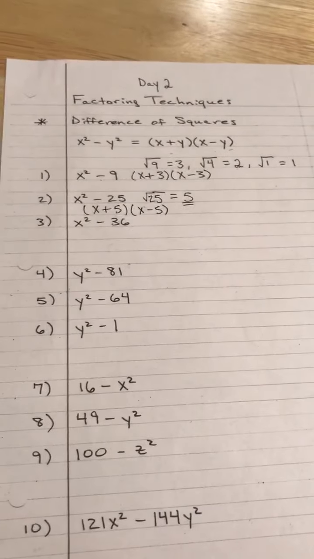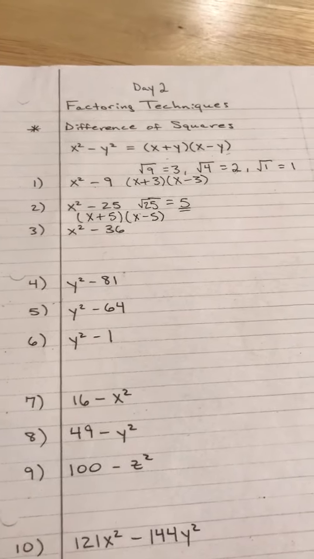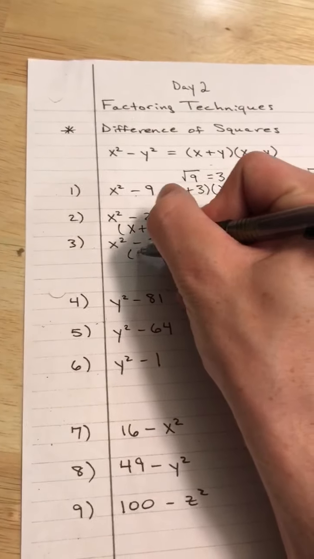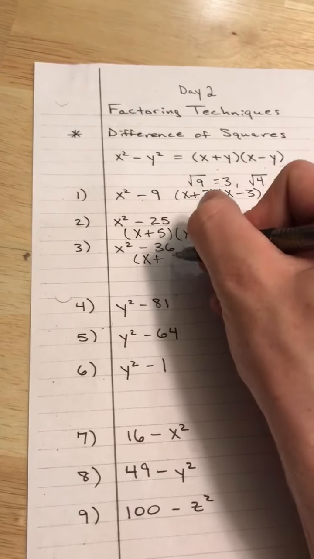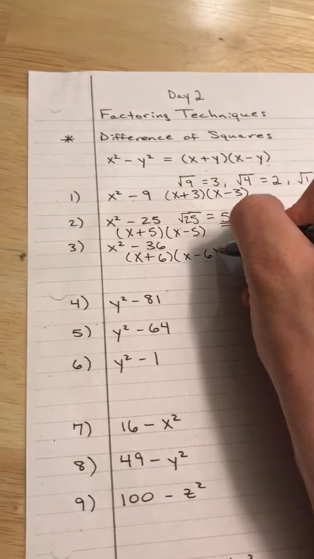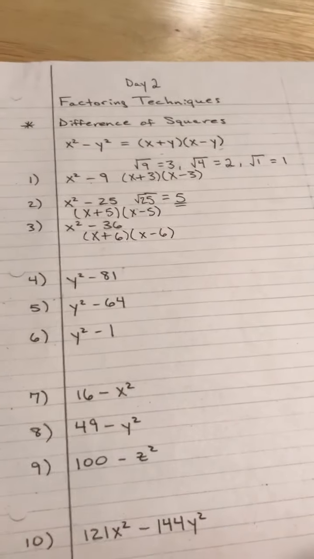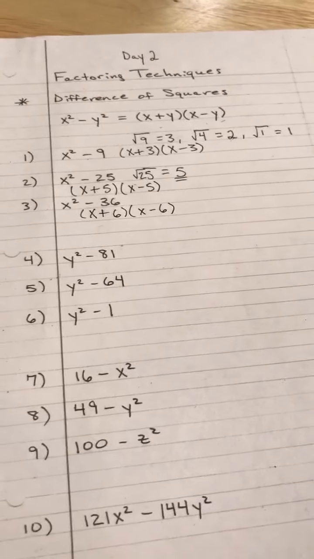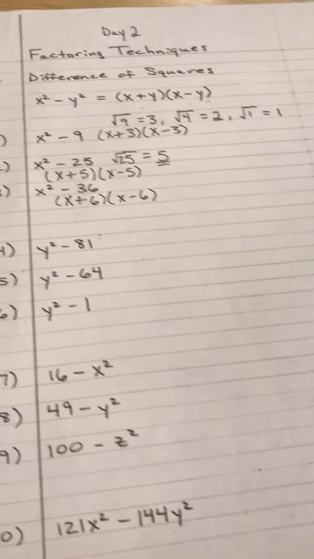Just like that. All right? And then the last one, square root of 36 is just going to give me 6, right? So x plus 6, x minus 6. So you can see how easy these are. All you have to do is find the square root of the number that I give you, and then you put it in that plus or minus form.